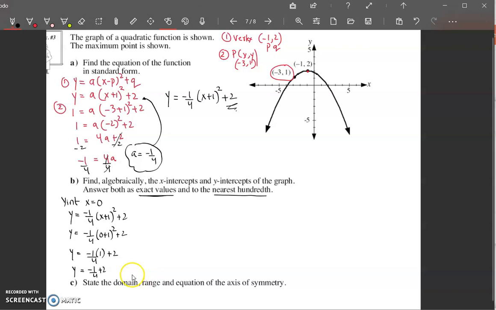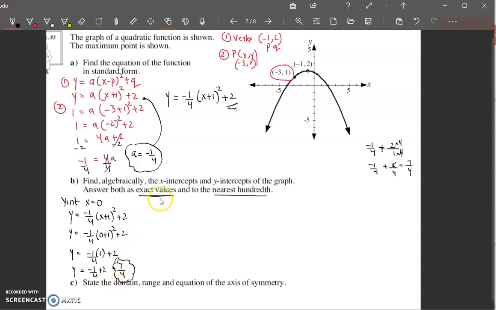So this ends up being 7/4. Remember, you can make them the same denominators. So 2 is over 1, and you would need to multiply both by 4 so that it also has the same denominator. And then negative 1 and 8 gives you 7/4. So that's how we got the y-intercept to be 7/4.